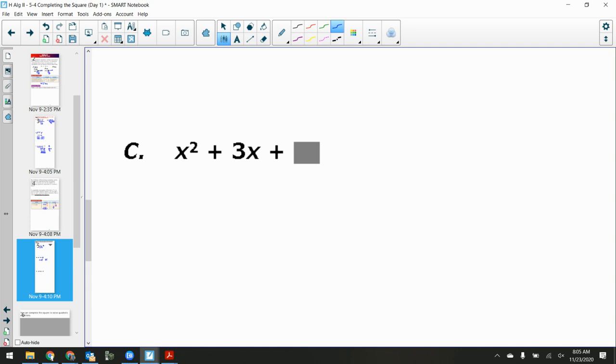Is it 9 fourths? 9 fourths, good. 9 fourths fills in that blank. How do I know that? Well, 3 over 2 squared is 9 fourths. I square the top, square the bottom, 9 fourths. So what does that turn into then? Well, x plus 3 over 2 squared.